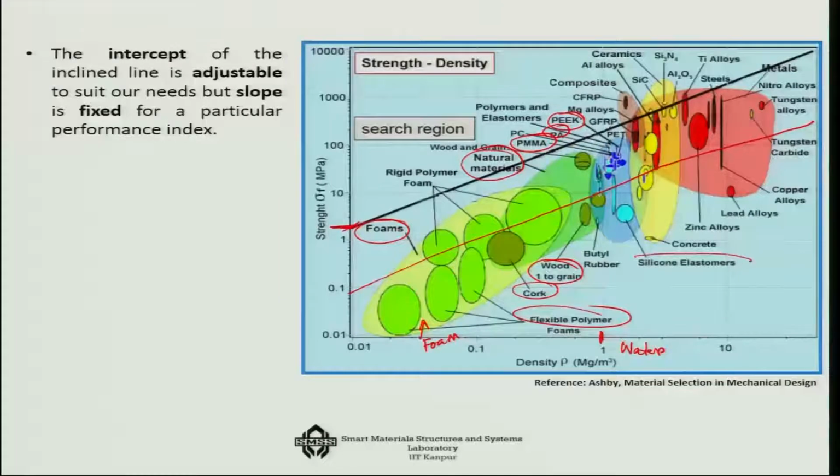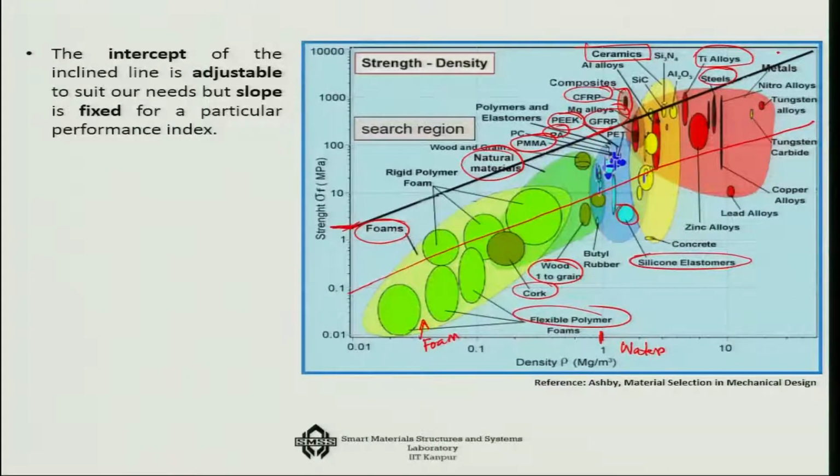We get elastomers also, but elastomers also may fall below the line depending on our choice of the minimum intercept. And then above that, what are we getting? We are getting CFRPs, GFRPs, etc. Beyond that, we are actually getting the ceramics, and even beyond that we are getting things like titanium alloys, steels and some of the metals.